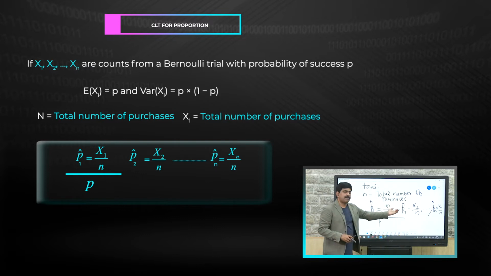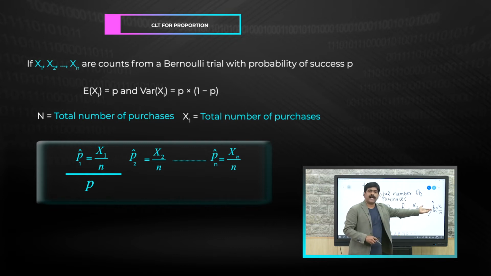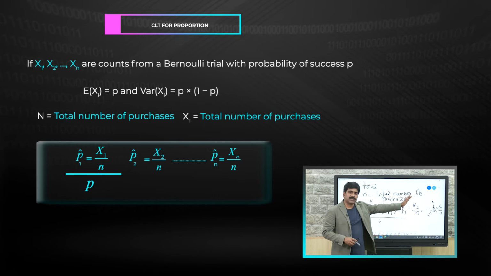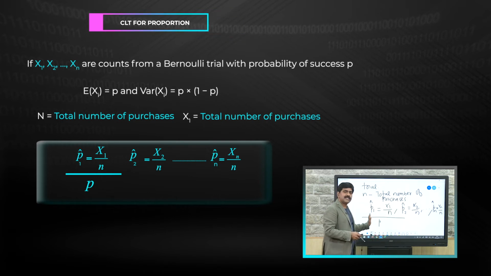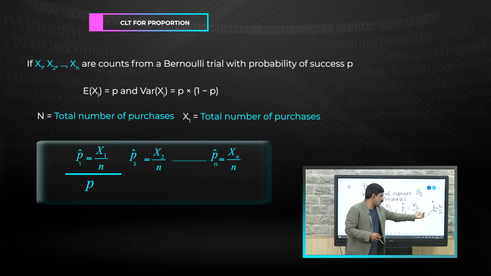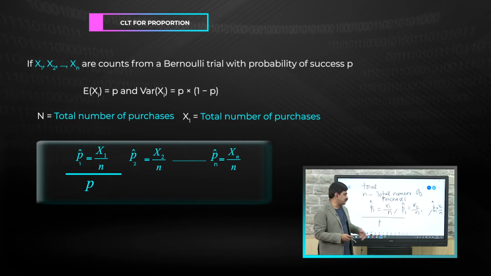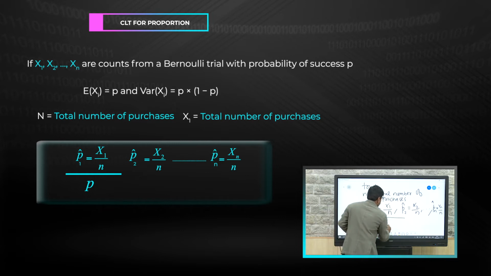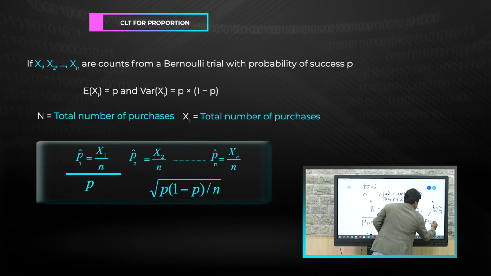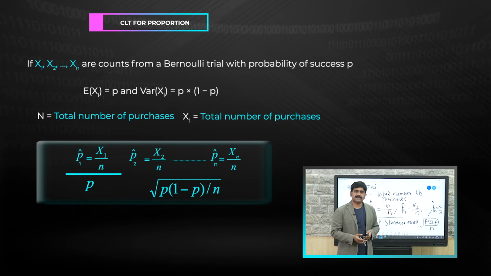So, we are forming a sampling distribution where the values are P1 hat, P2 hat and so on up to Pn hat. The sampling distribution of these estimated proportions will follow a normal distribution where the mean is P and the standard error is square root of P times 1 minus P divided by N. Here N is the sample size.